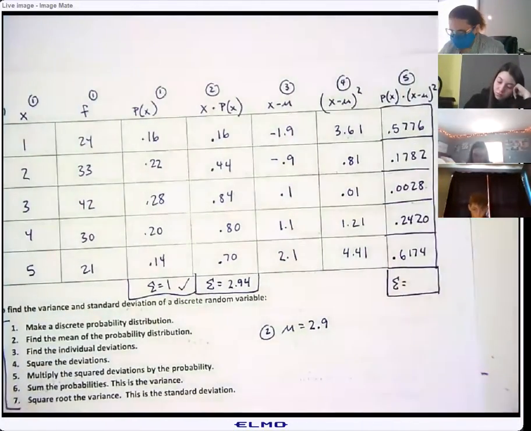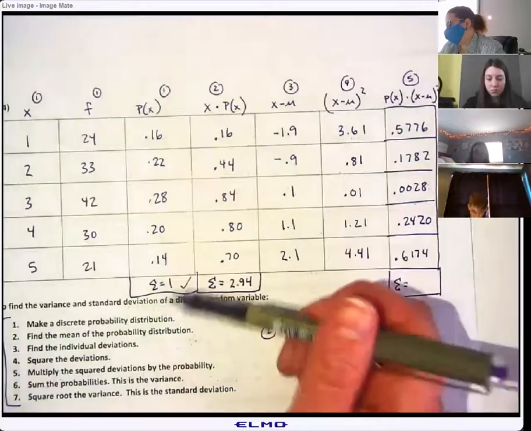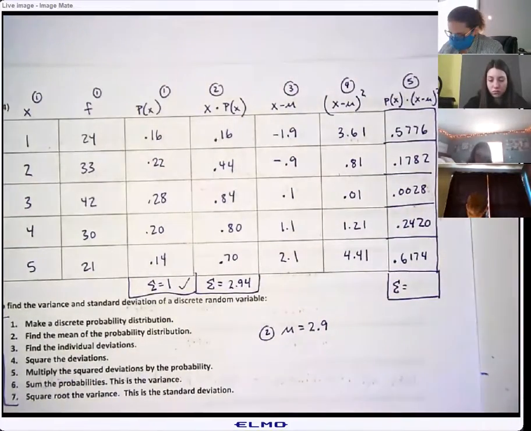Now, normally for a variance we would divide by how many we had, right? So it's a simplified equation. But we're not going to do that because this is a probability distribution. They all add up to 1. So if you divide by 1, you'd get the same thing, and then we just get the answer.